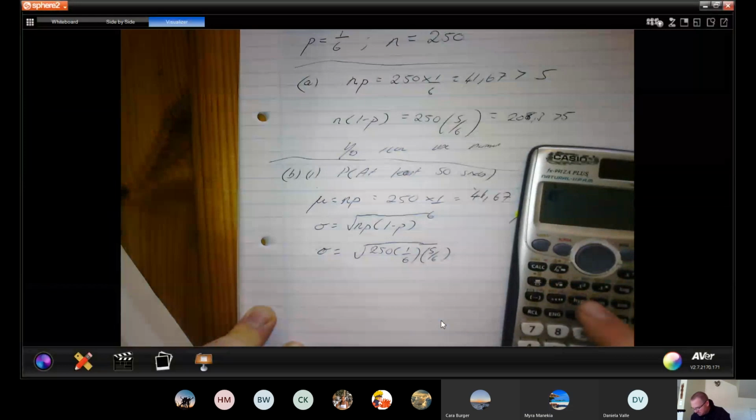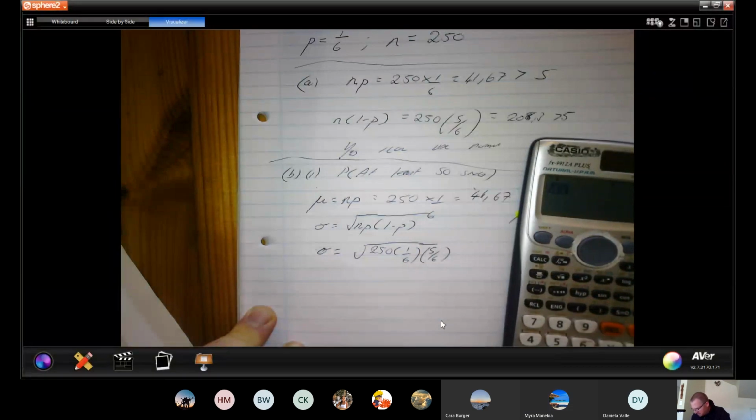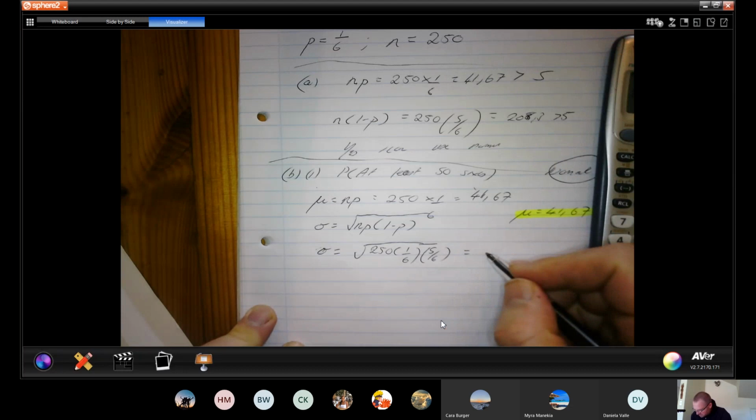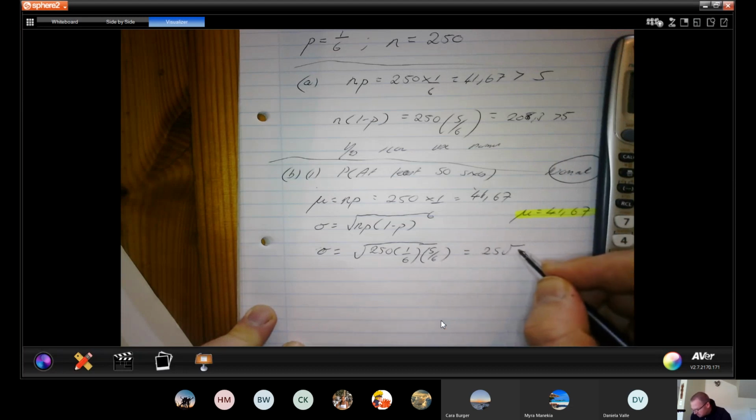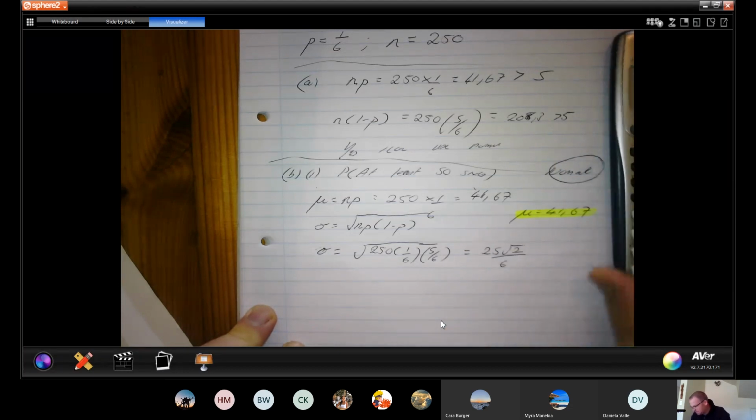So it's going to be the square root of 250 times 5 over 36, and you get 25 root 2 over 6. Leave it in that form, guys.